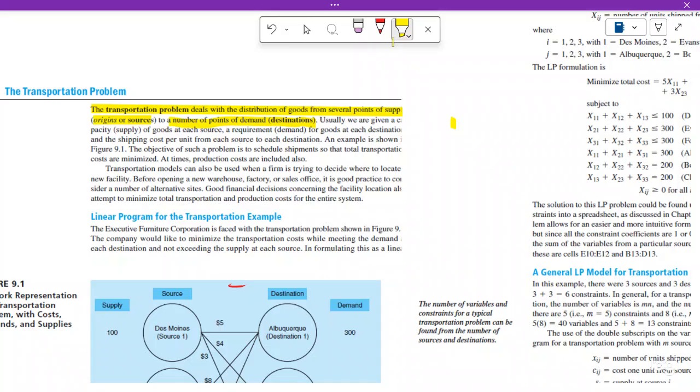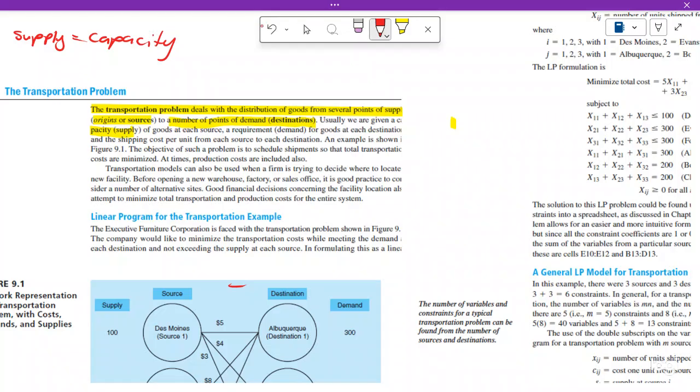We are given the supply capacity of goods at each source, and we know that with sources, you can't go beyond what you have. Even in the answer, the sign of equality usually becomes less than or equal to when you are given resources.